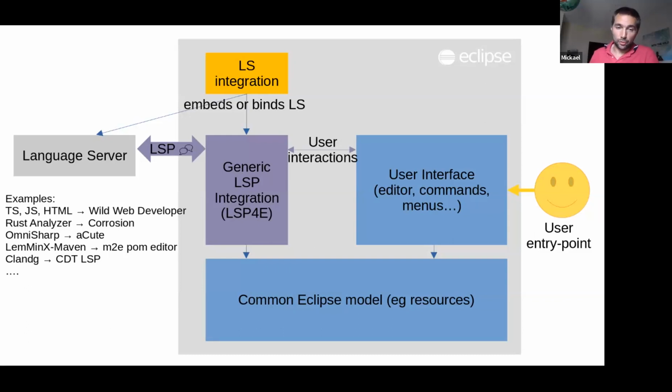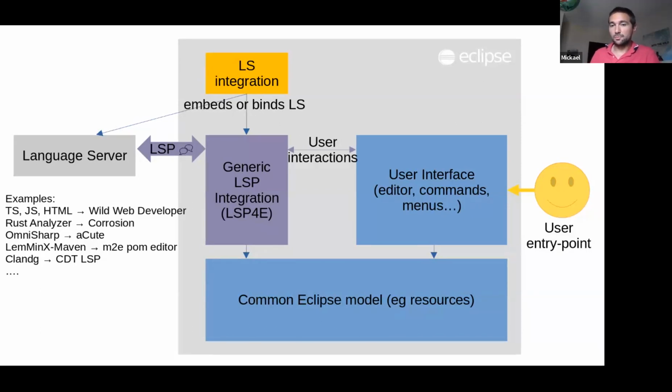We have the Eclipse Corrosion project, which provides Rust edition with Rust Analyzer, and Eclipse OmniSharp for C# using the OmniSharp language server. The POM editor is using a language server as well. It extends the XML language server, Lemminx. And as Jonah demonstrated a few minutes ago, CDT LSP, which is one feature of CDT, is also using clangd as language server.